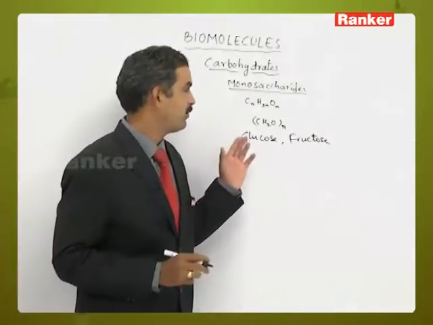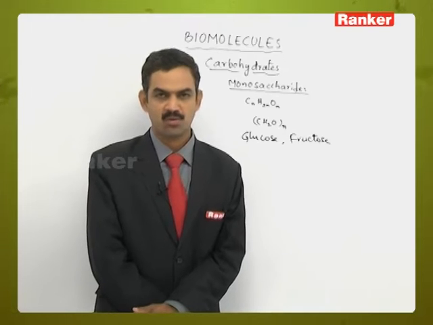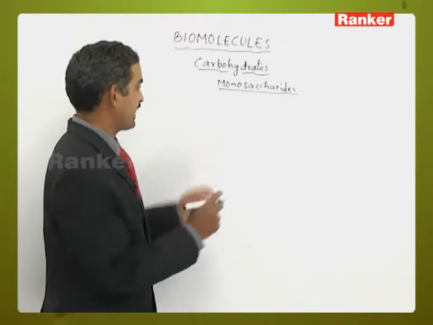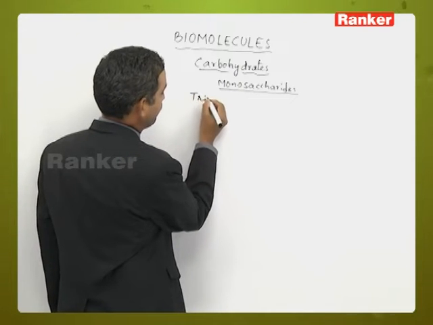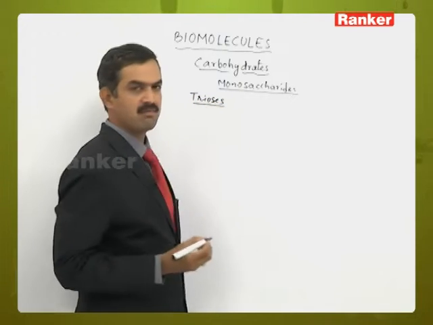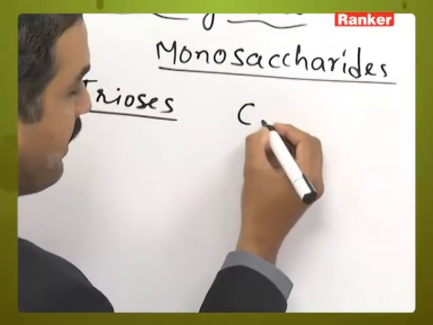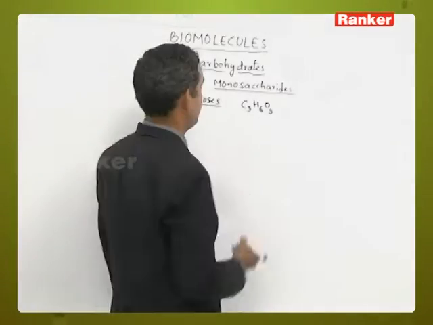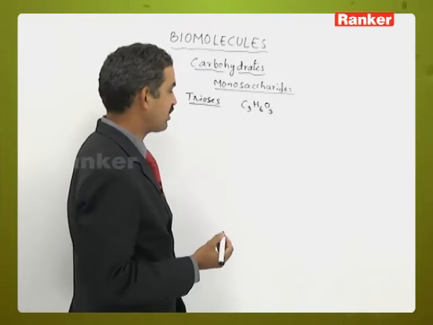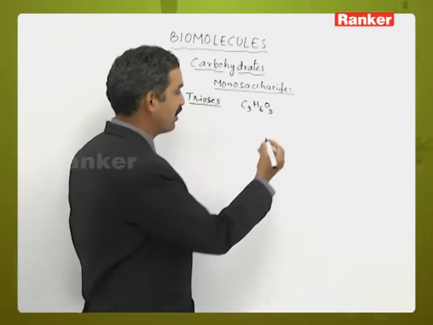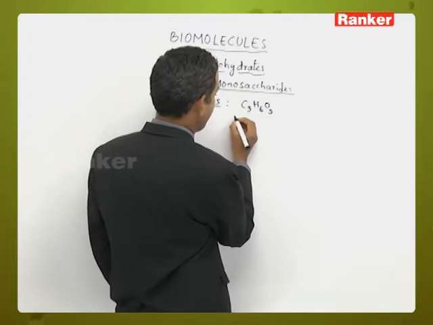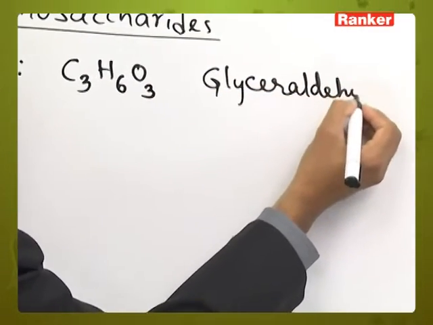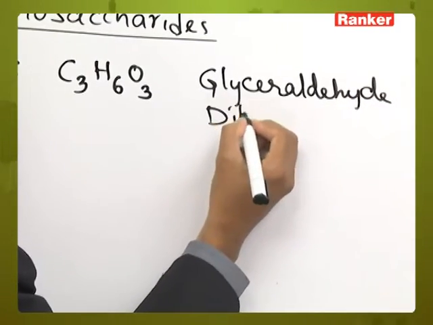But before going to glucose and fructose, based on the number of carbon atoms present, there is a further classification. Trioses contain 3 carbons, basically represented as C3H6O3, that is 3 carbons, 6 hydrogens and 3 oxygens. Examples of trioses are glyceraldehyde and dihydroxyacetone.